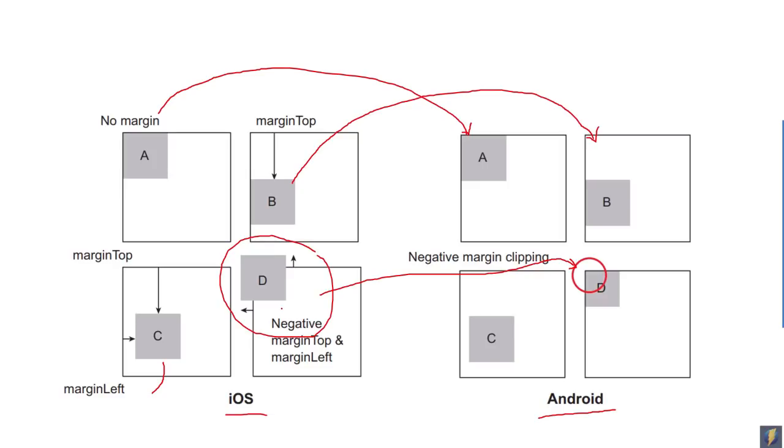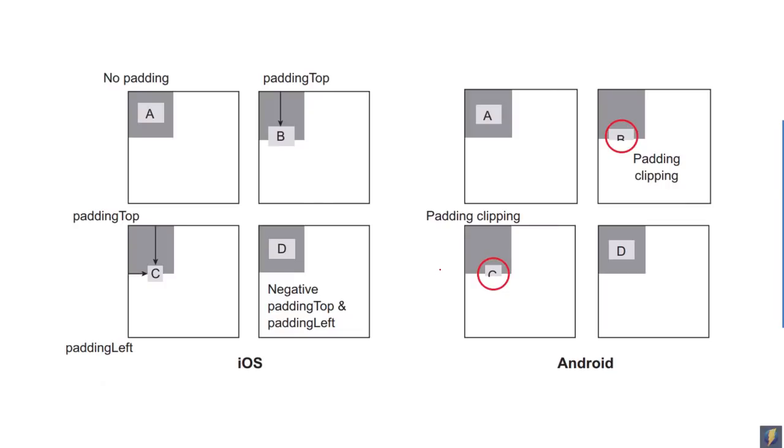But in Android, the parent box limits the position of the child box. The square cannot move outside. This is different. This is margin.